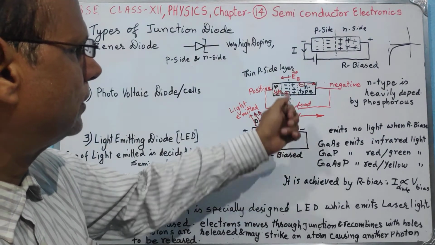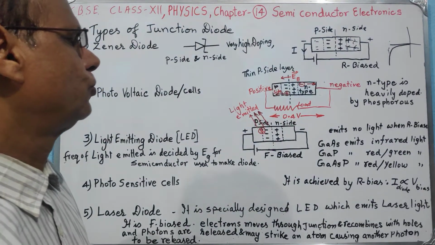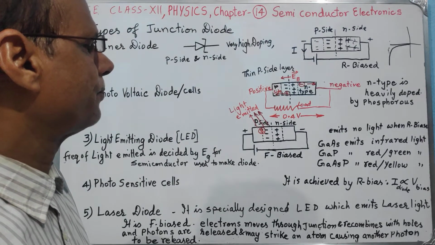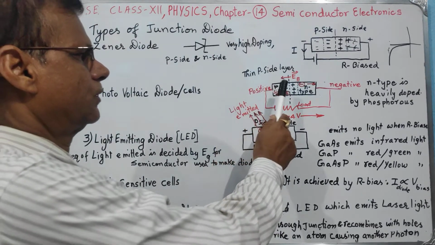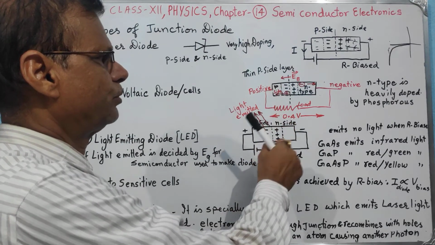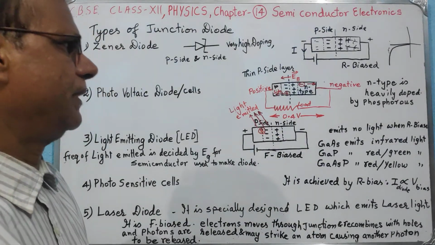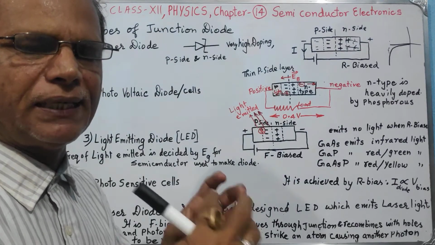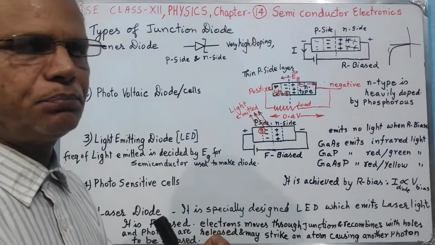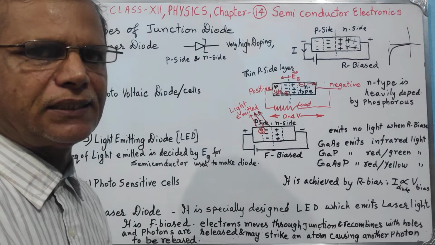PN junction diode, then due to absorption of the light incident on it, the electron hole pair is released, and the moment it happens, the bond between electron and hole in the junction portion is broken due to absorption of light energy.